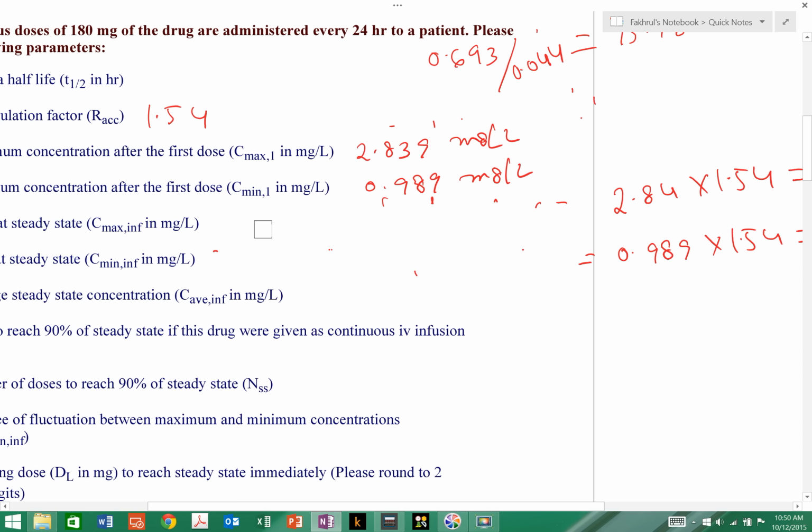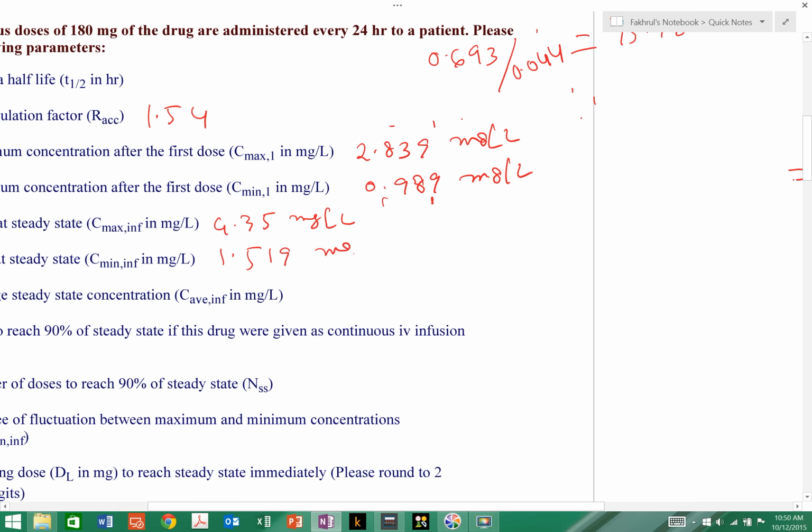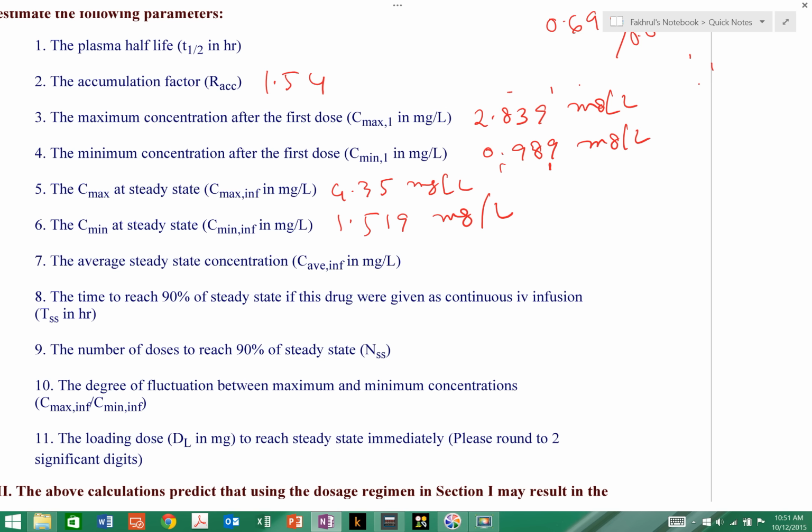We have Cmax at steady state is 4.35 milligram per liter, and Cmin at steady state is 1.519 milligram per liter. So now we have to calculate the average steady state concentration, which is C average.